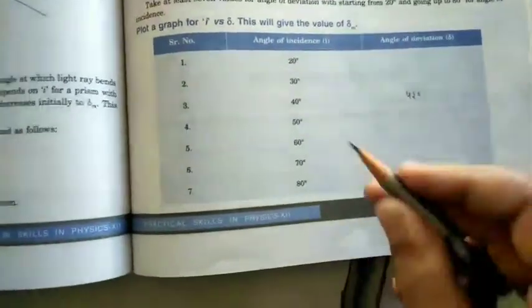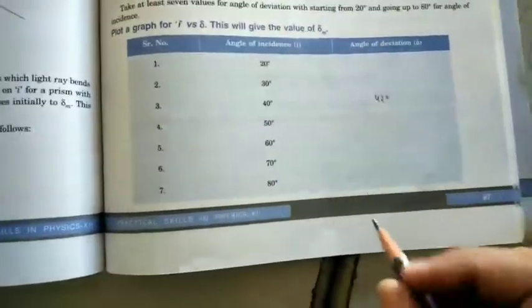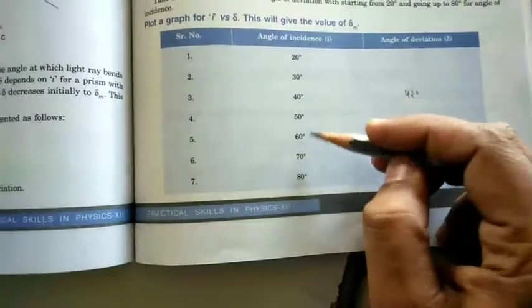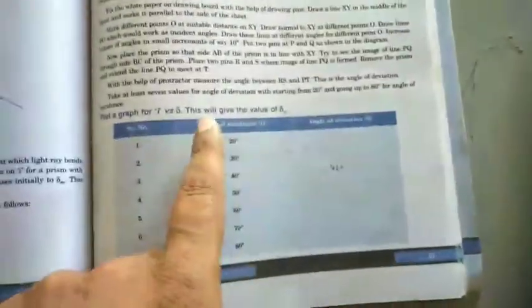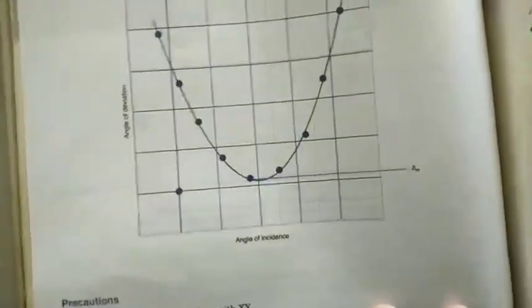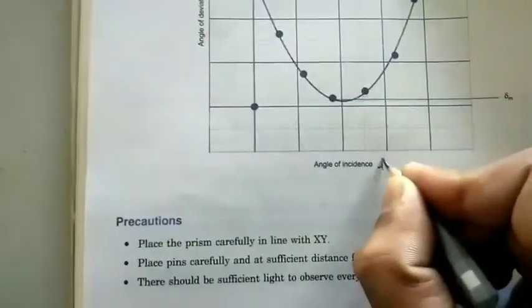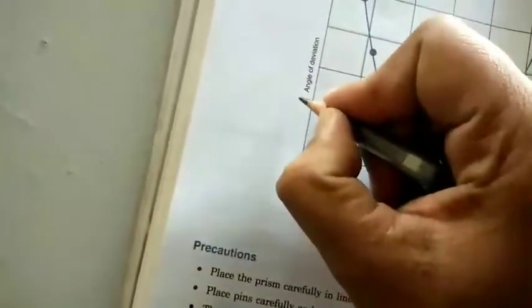We have to calculate the angle of deviation five to six times, for 20 degree, 30 degree, 50 degree, 60 degree, 70 degree and 80 degree. Then when we draw the graph between angle of deviation and angle of incidence, the graph will look like this. This is the angle of incidence i, and this is the angle of deviation.